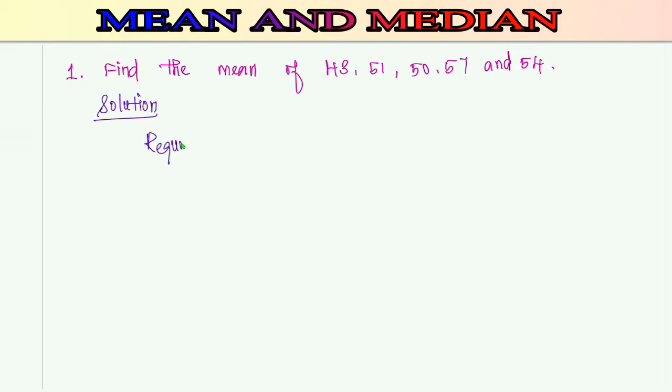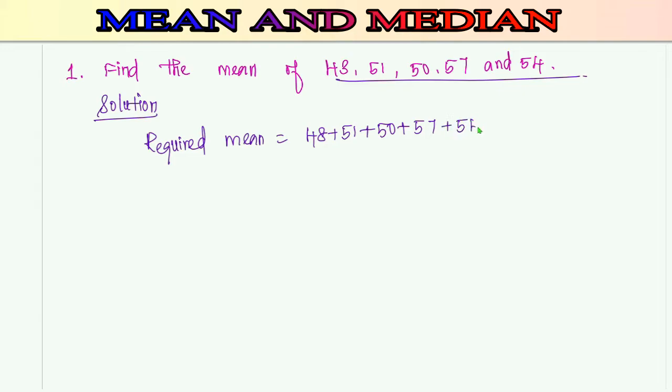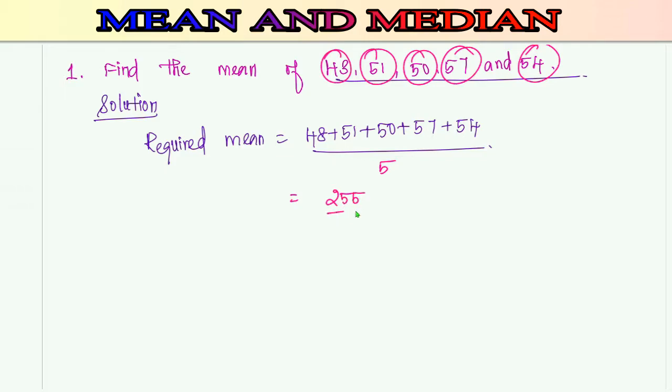Required mean is equal to, you just have to add all the given values, 48 plus 51 plus 50 plus 57 plus 54 divided by the number of observations, which is 1, 2, 3, 4, 5. So divided by 5. When you add all these values, 255 divided by 5. So 255 divided by 5 value is 51. So this is the mean for the given data.